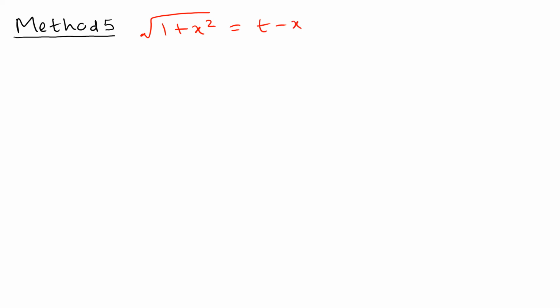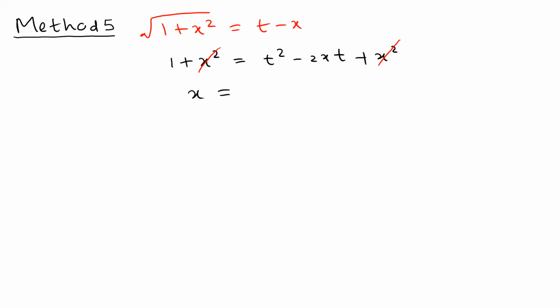So let's see all the steps as before. Once you square, you get 1 plus x squared on one side. On the other side, you get t squared minus 2xt plus x squared, and you can see the x squared term gets cancelled.